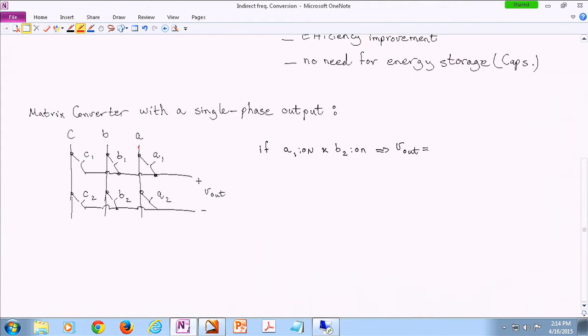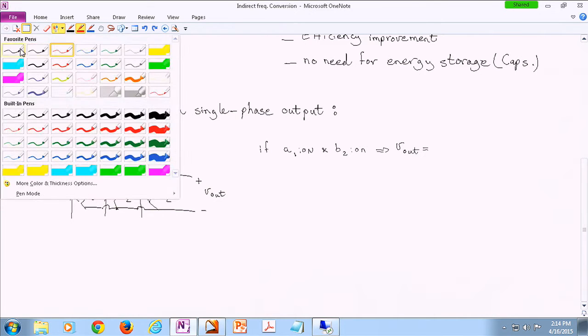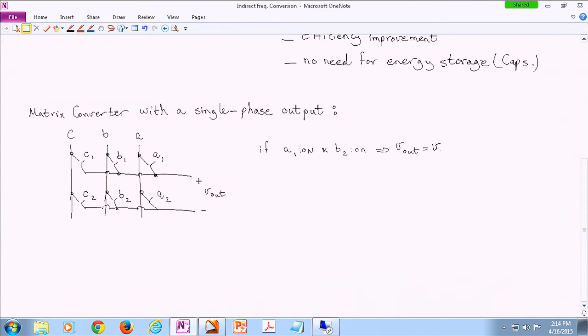A1 is on and then B2 is on. So V out is VA minus VB basically, okay? Or VAB. So it's a line-to-line voltage of VAB.